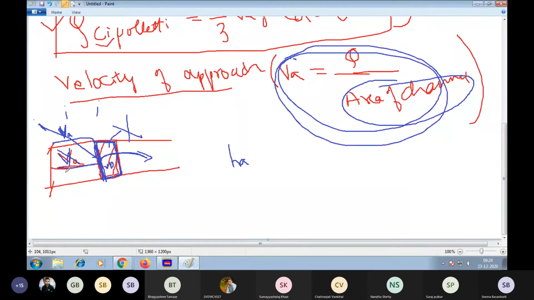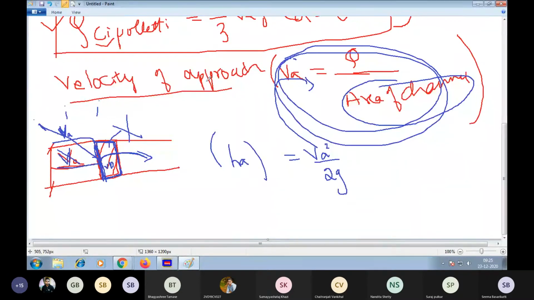That extra height we take as HA, where HA is VA square divided by 2G. How do you calculate VA? By taking the ratio of Q divided by the area of the channel. So HA is the extra height generated by the velocity of approach, and it is taken as VA square divided by 2G.